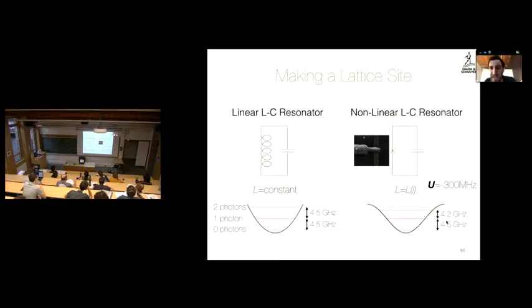Now, I should say this technique was developed by Dave Schuster and Rob Schoelkopf in the early 2000s. Their idea initially was to use it for quantum computing. The basic point is that this 300 megahertz anharmonicity is large enough to essentially isolate the lowest two states, 0 photons and 1 photon in the LC circuit, as a two-level system.